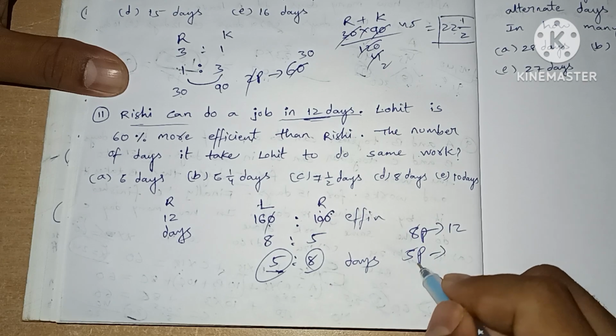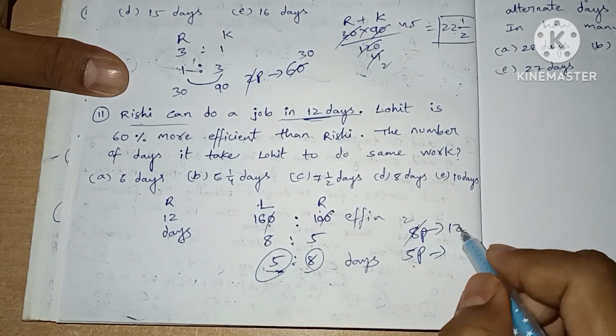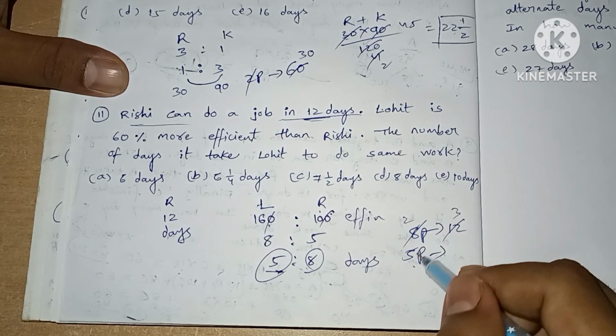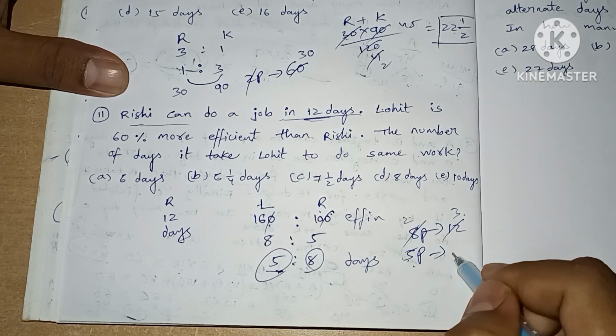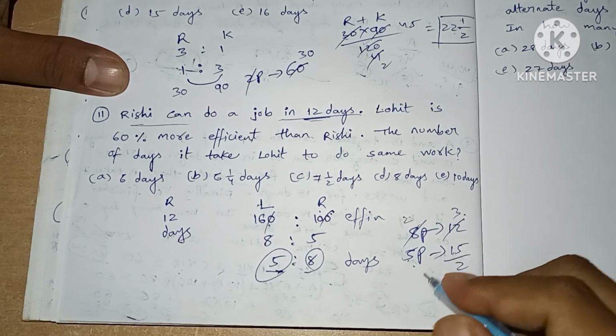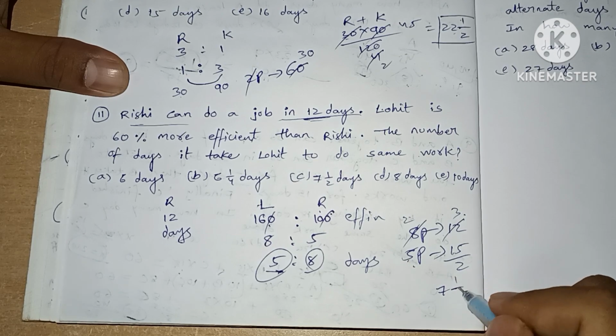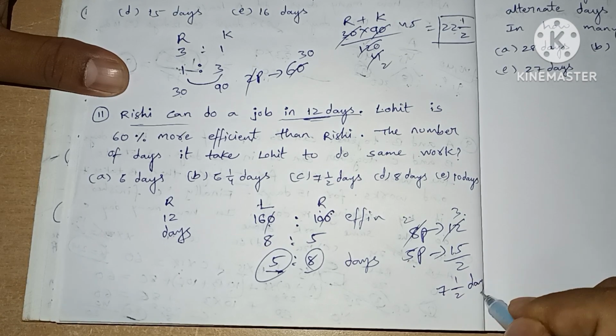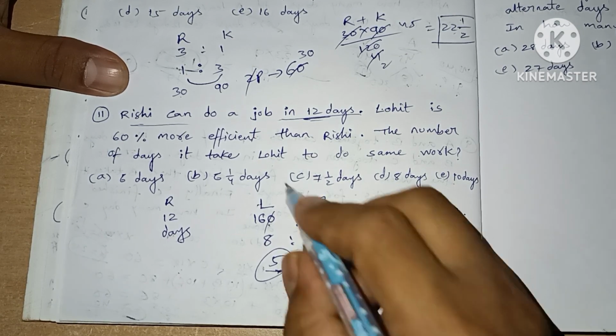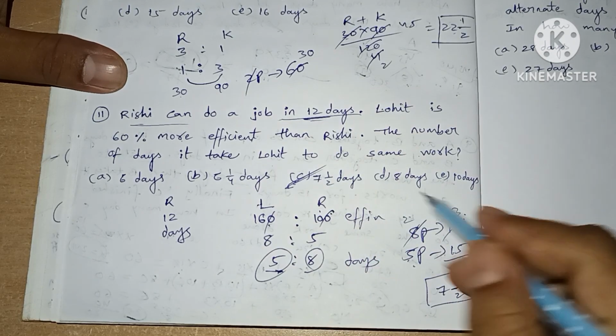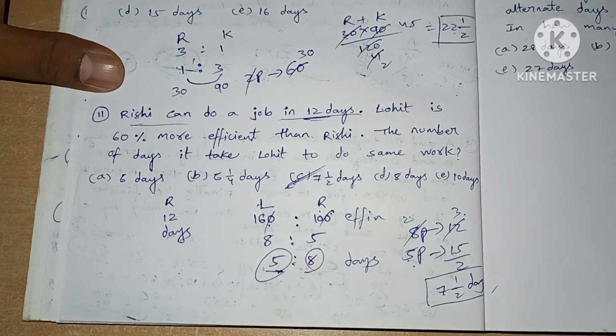Asking about the value of 5 parts. 12 by 8 is 3 by 2, so 5 into 3 by 2 is 15 by 2, which is 7 and a half days. So 7.5 days will be taken by Lohit to do the work.